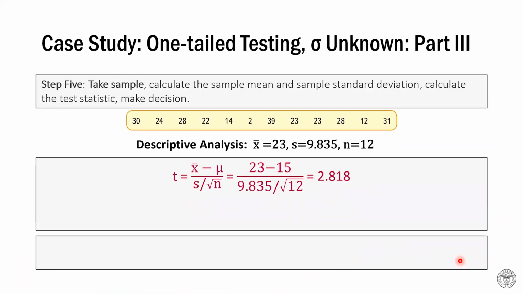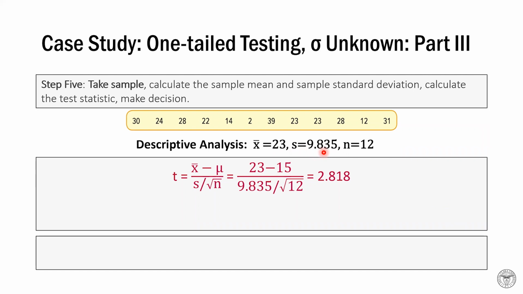In step 5, we calculate the sample mean and sample standard deviation, which is given by x bar equal to 23, s equal to 9.835.